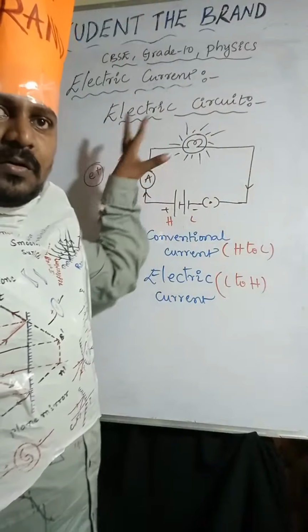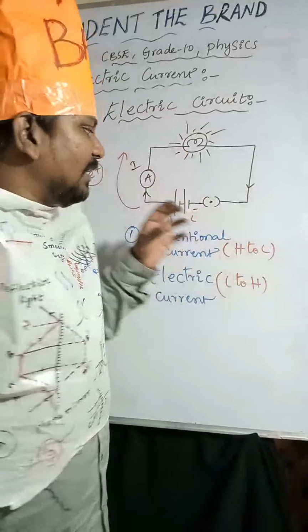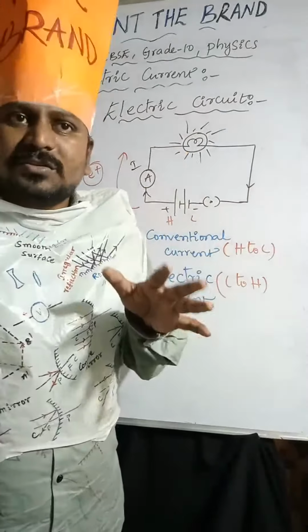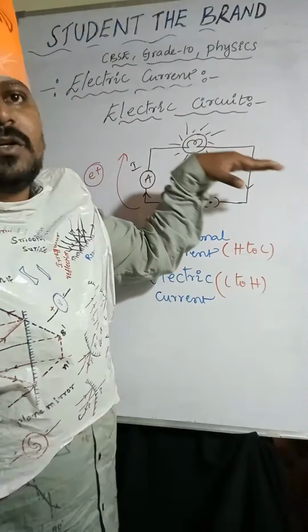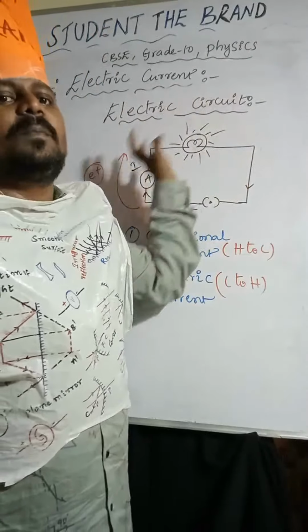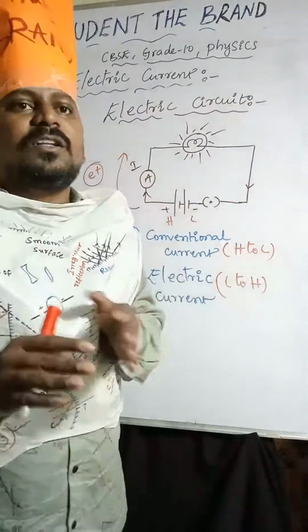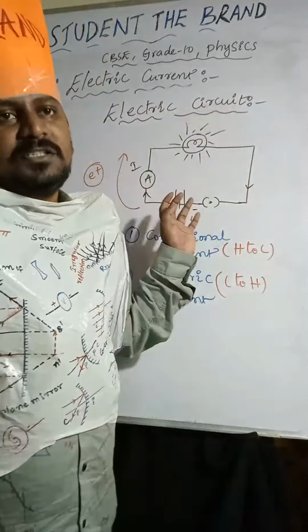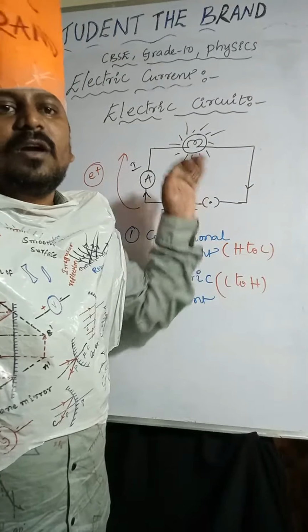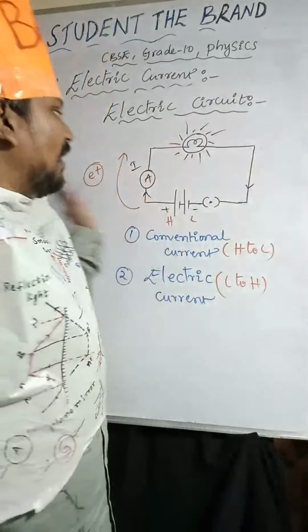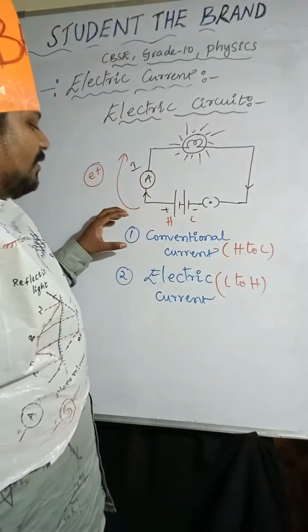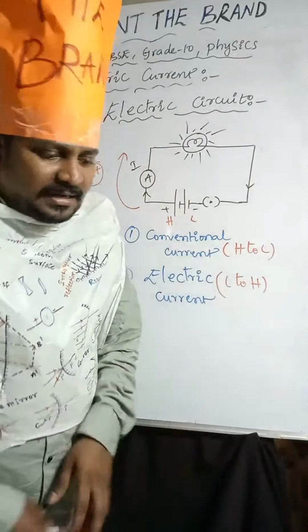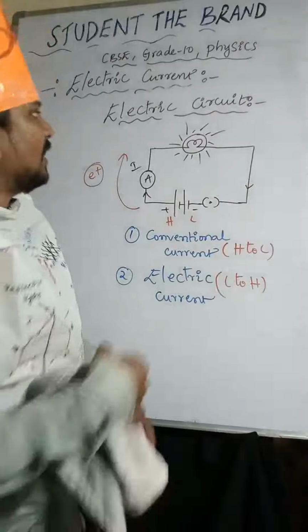Especially they will ask about electrons. Electrons will move from low potential to high potential. So that is about conventional current and electric current.